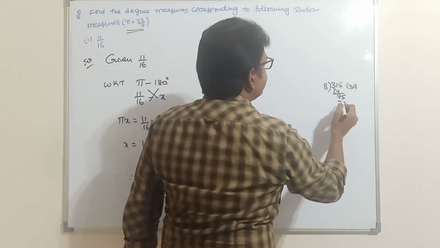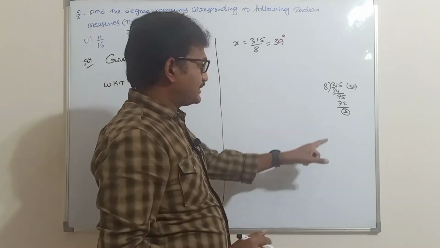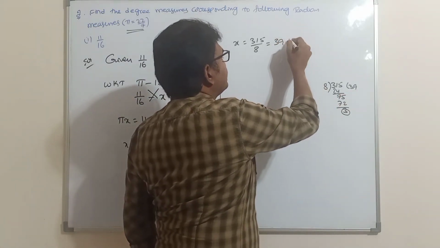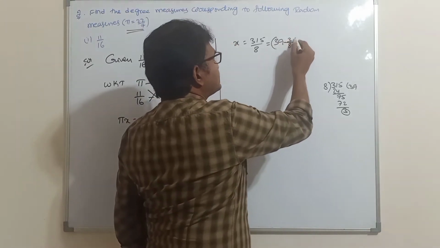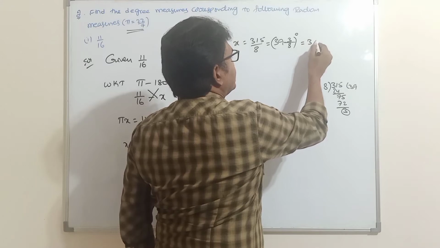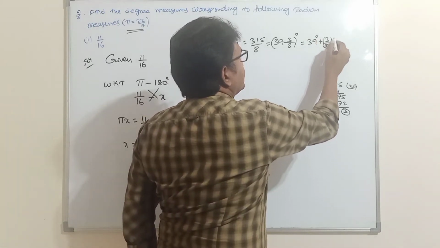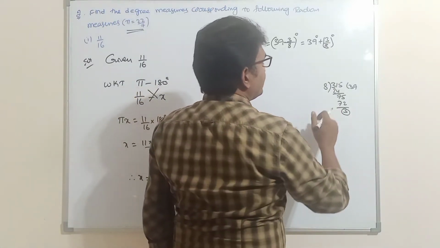So this is equal to 39 and 3 by 8 degrees. This is nothing but 39 degrees plus 3 by 8 degrees. Next, divide.